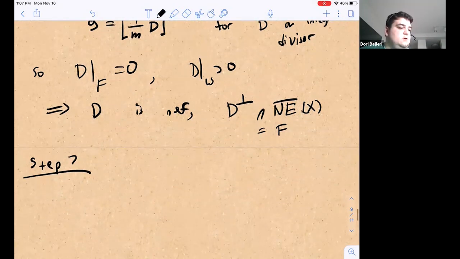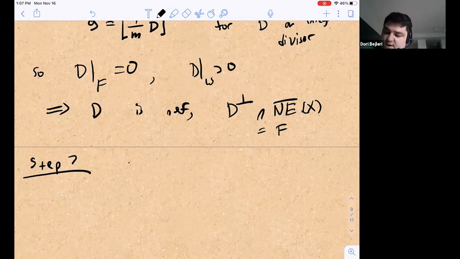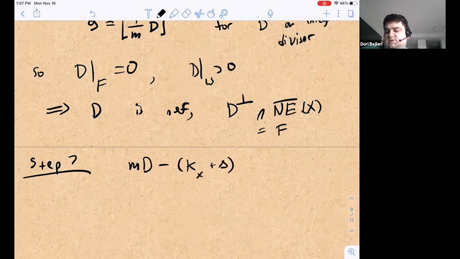So step 7, we have our extremal face F. Now we look at MD minus (Kx plus delta). So this was K before, but now just to get it back to the notation of the base point free theorem.